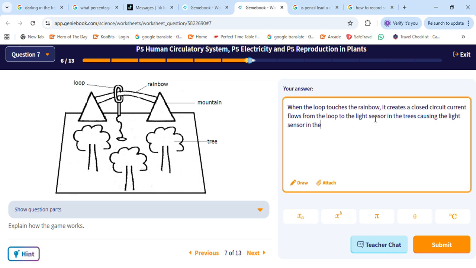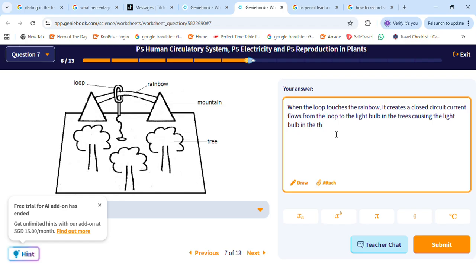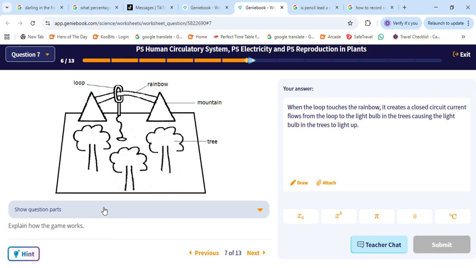Don't call it light sensor. The light bulb. Light bulb. Yes. No. The light bulb in the trees light up. Okay, perfect. This should get me the mark.